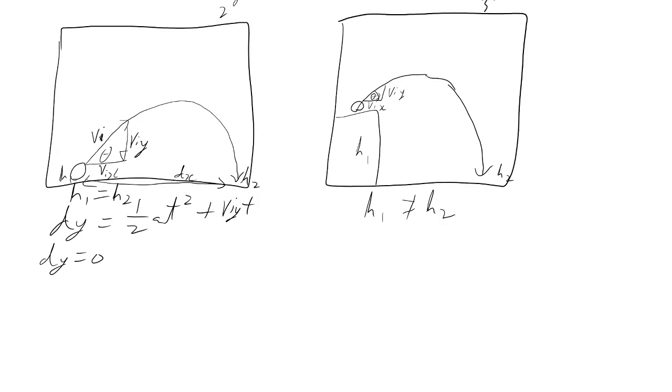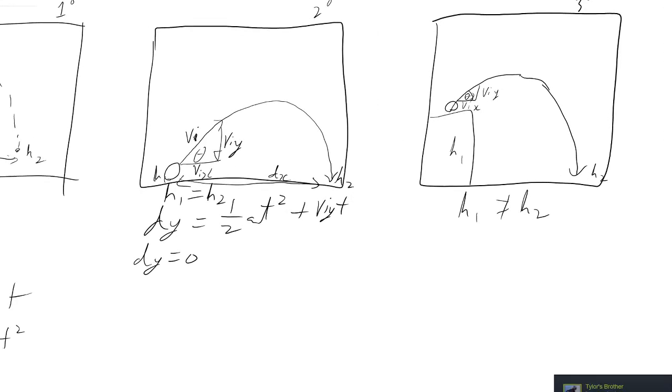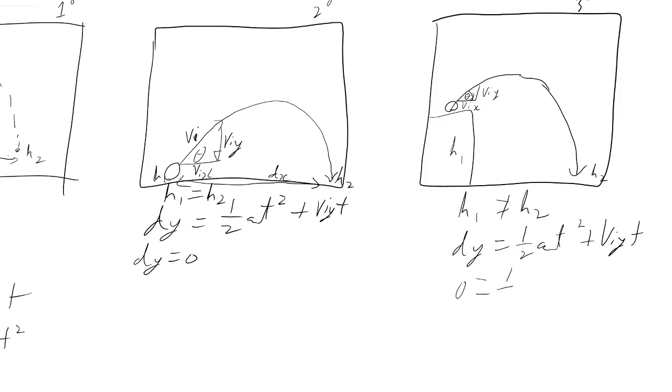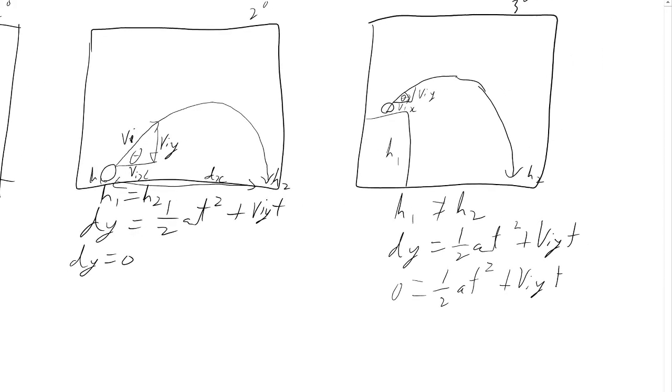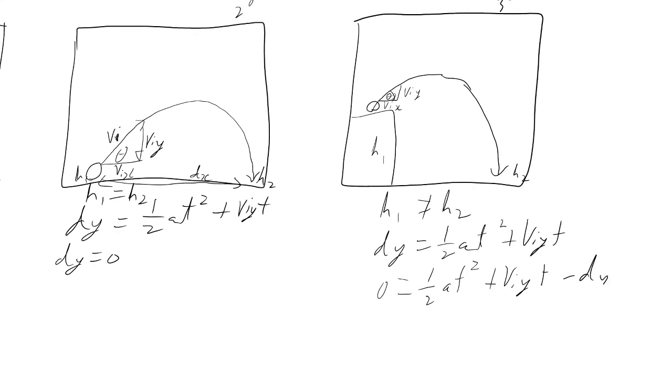The reason being is that in this question, unlike the second degree, dy does not equal 0. So you will have a third constant term. I'll just show you. We have dy equals 1 over 2 at squared plus VIYT. And from this, since dy is not equal to 0, we move it over: 1 over 2 at squared plus VIYT minus dy.